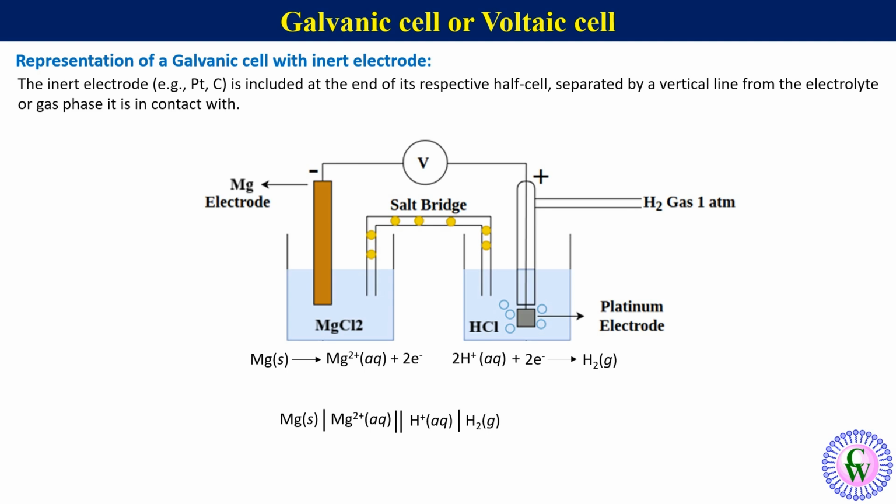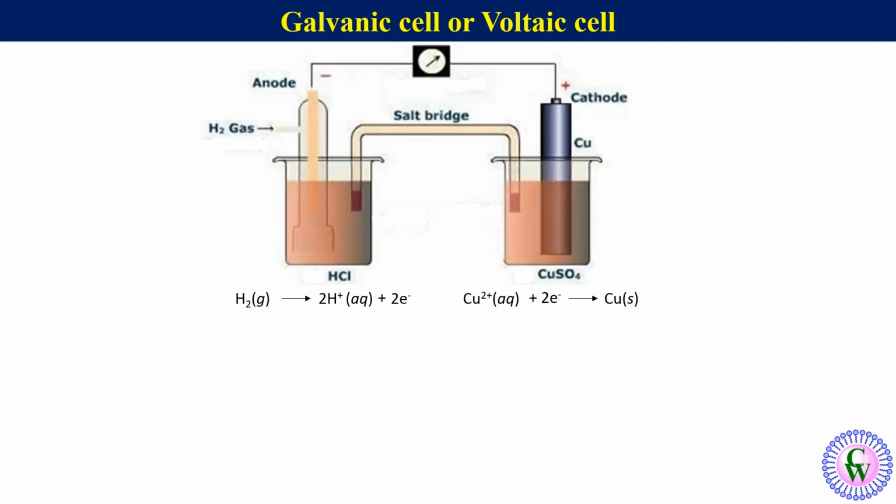Since the cathodic reaction occurs on inert platinum wire, to represent that, put an additional vertical line and then put Pt solid.